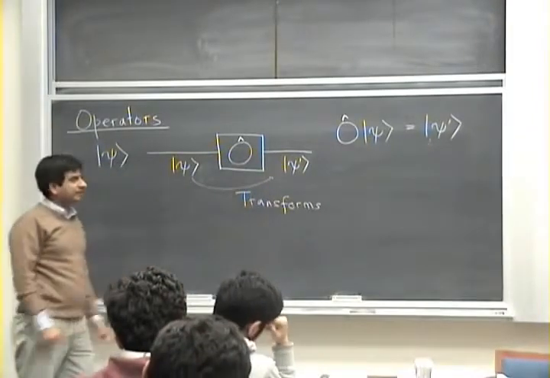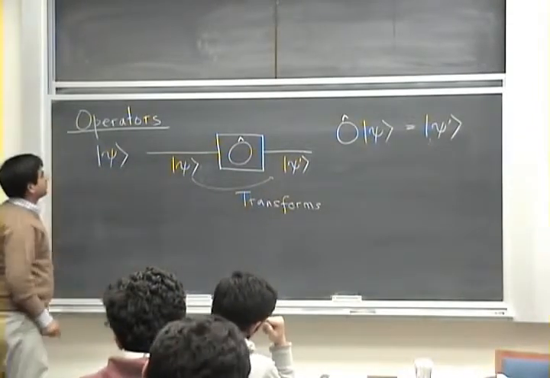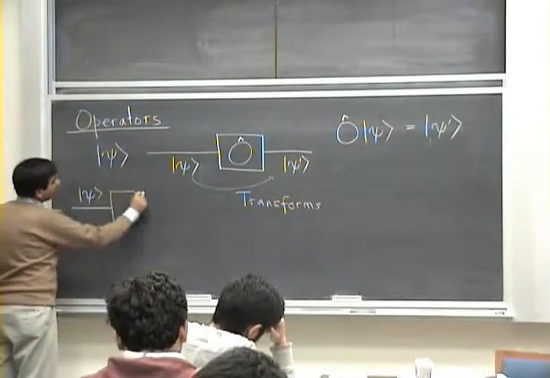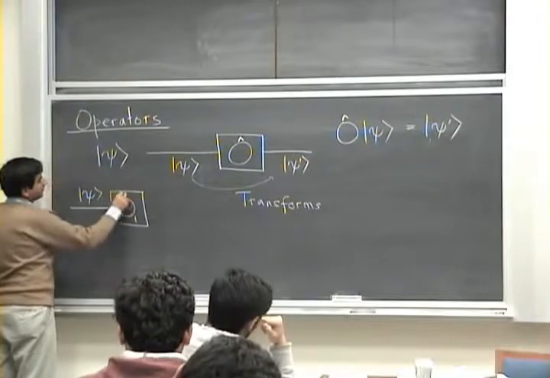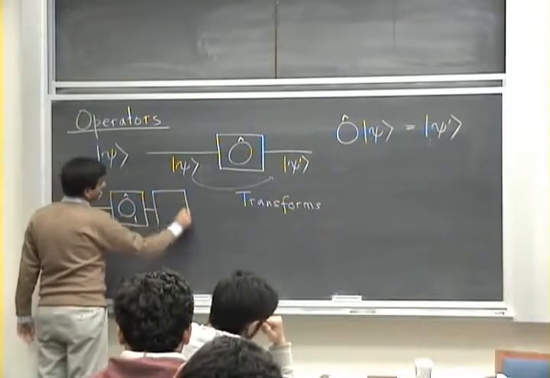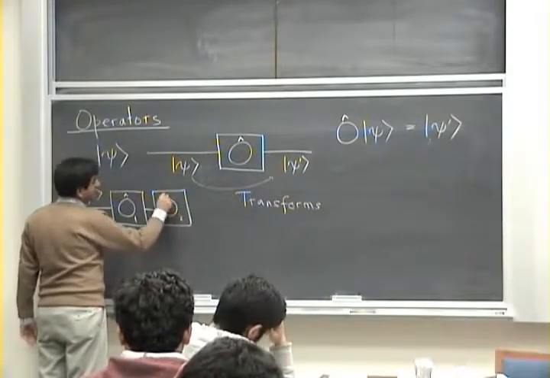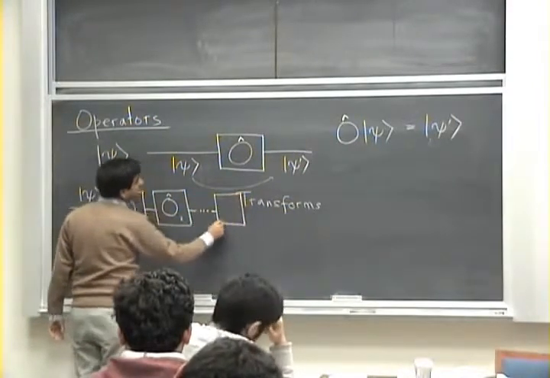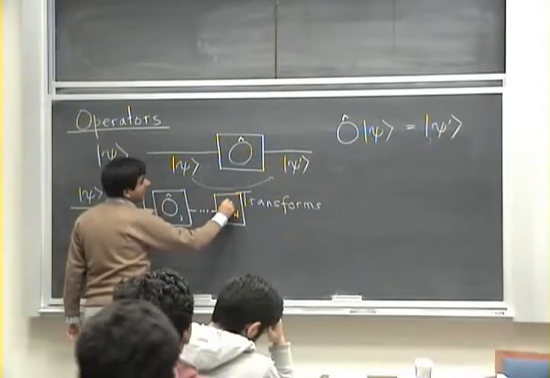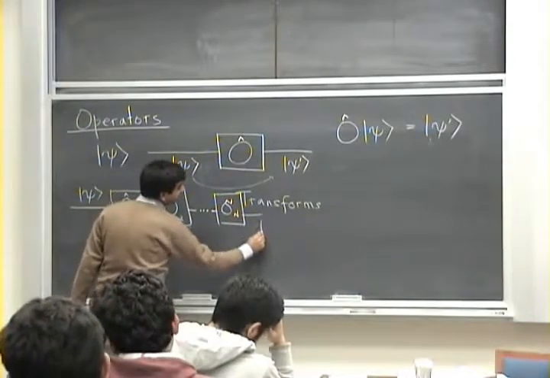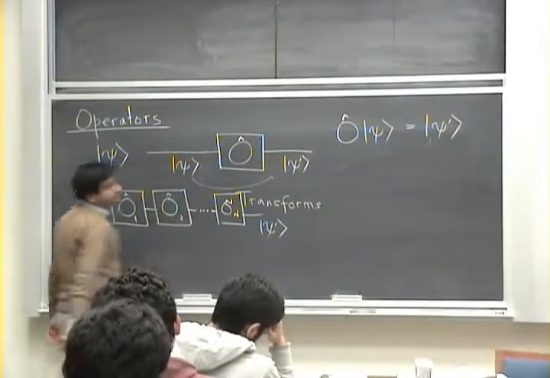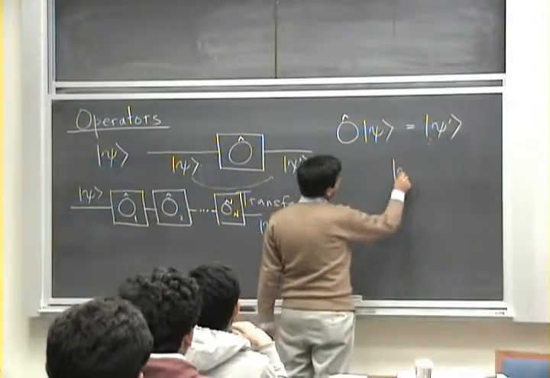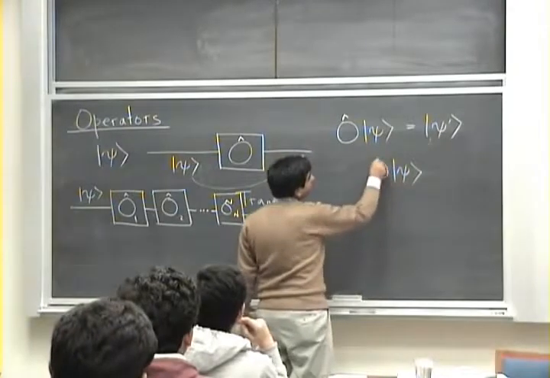Okay? Simple. Suppose you have a state psi that comes in, and you have many operators, O1, O2, all the way up to OM, and you want to find the state here, psi dash. So what you would do, you would take your original state psi, first O1 acts on it.